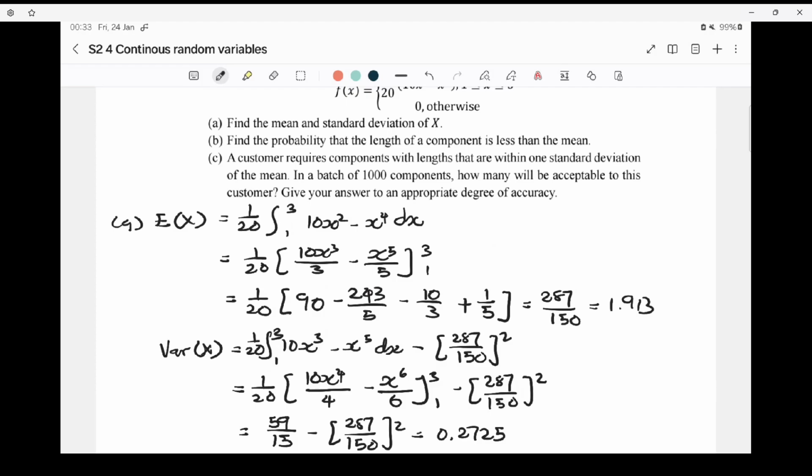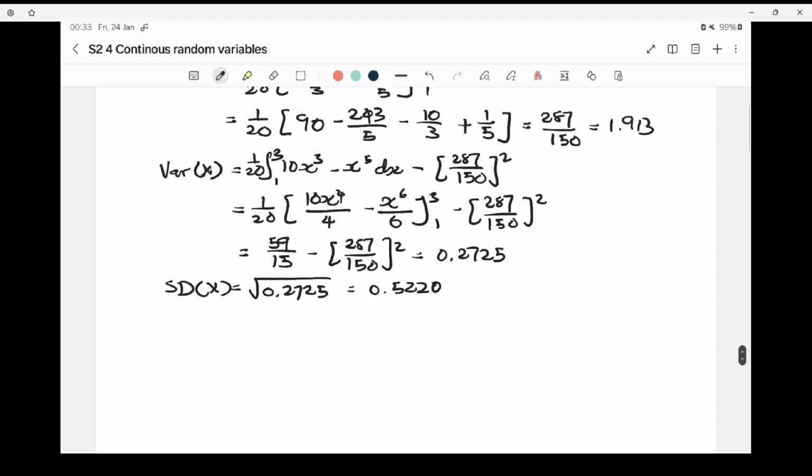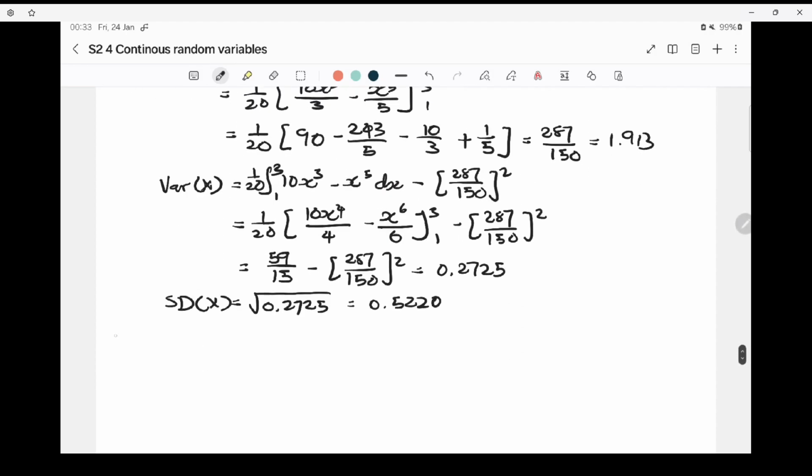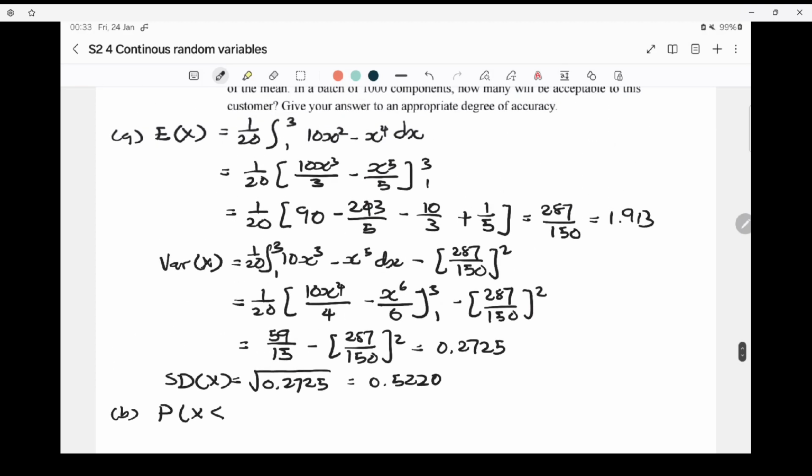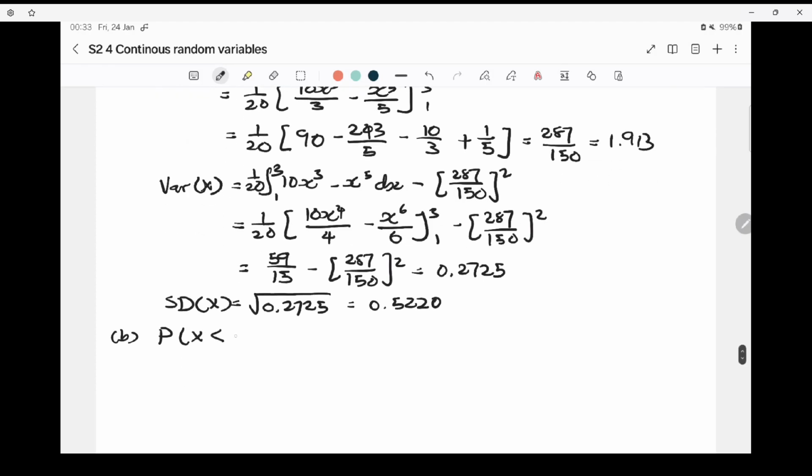Find the probability that the length is less than the mean. So part B. Find the probability that the length is less than the mean. So the mean is 1.913.